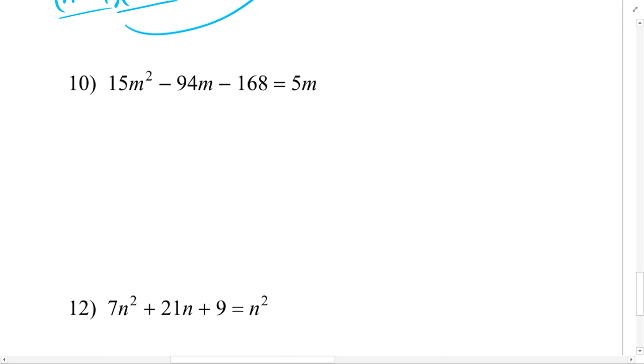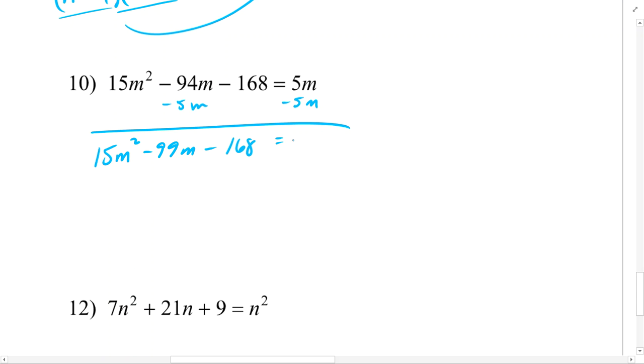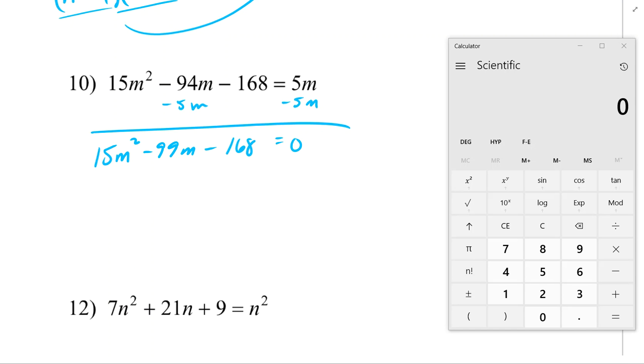Let's try number 10. This time I'm going to subtract 5m from both sides. We'll call this 15m squared minus 99m minus 168 equals 0.